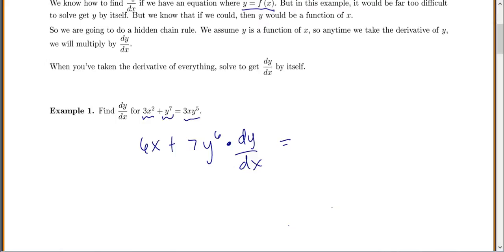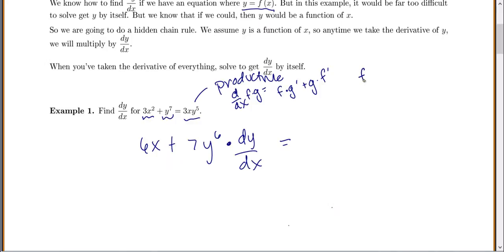This is actually going to be a little more complicated. We need to use the product rule, which tells us the derivative of f times g is equal to f times g prime plus g times f prime. Right here we have 3x times y to the 5th, so we have to use the product rule.